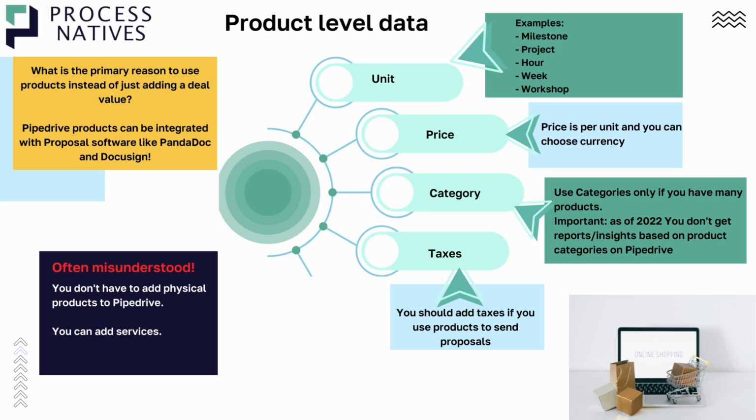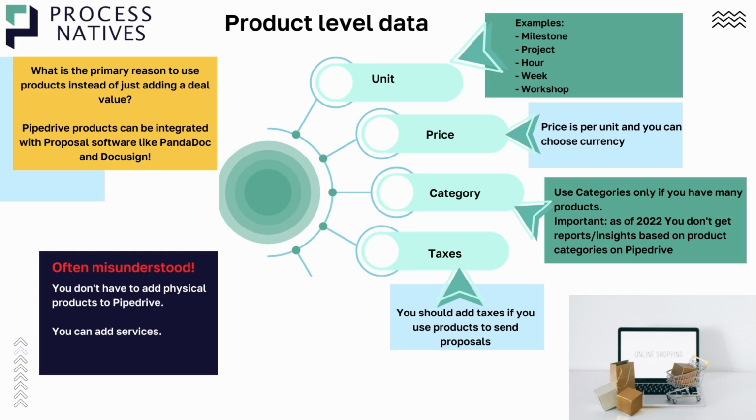How can you add more data to your products? Make sure that you first customize unit, price, category, and taxes. Units don't have to be just kilograms or liters. Other examples could be milestone, project, hour, week, workshop, anything that relates to services. Prices are per unit, and you can customize the currency in Pipedrive. Now, categories are self-explanatory. However, there are two limitations on Pipedrive.